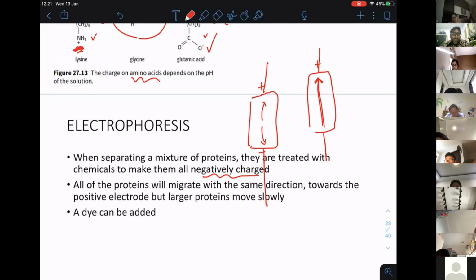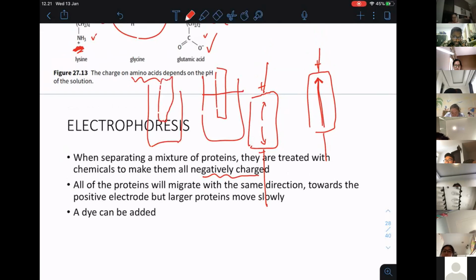Not only for electrophoresis, Justin, even for paper chromatography, if you are using a different solution, for example if you dip it into water and you dip it into alcohol, the pattern is going to be different because the way that they move is going to be different. So it's the same concept. Different pH, they are going to have different patterns. I might be wrong.